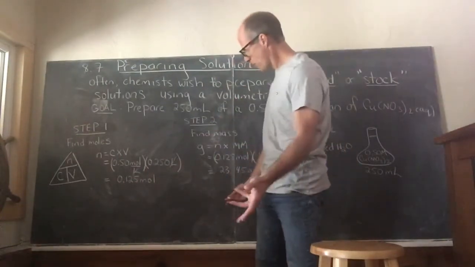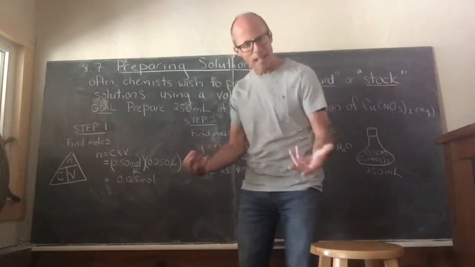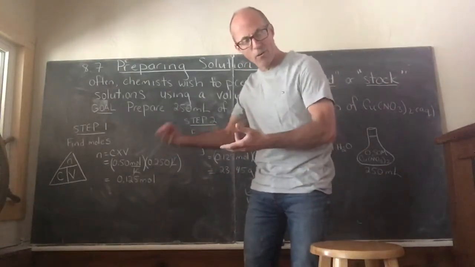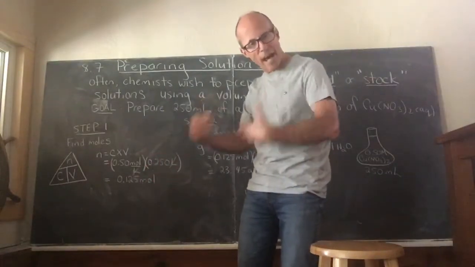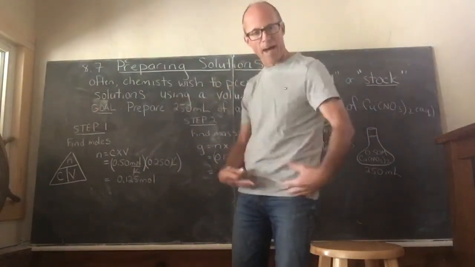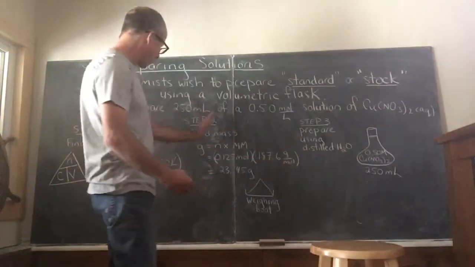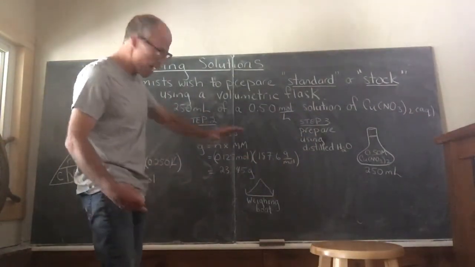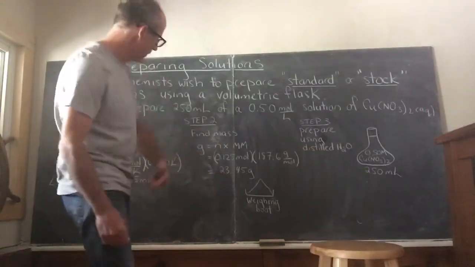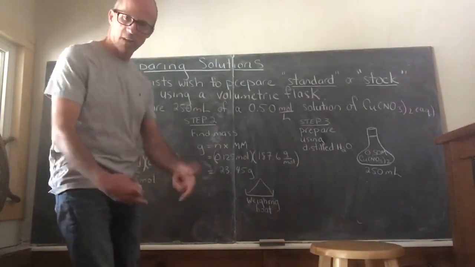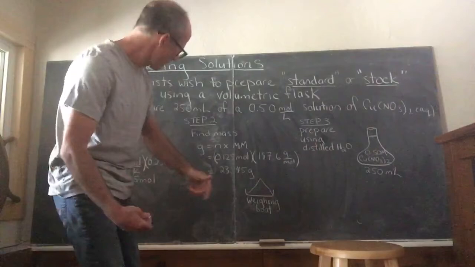This seems quite familiar. We can't weigh moles on a scale. You may remember that from earlier discussions. So we have to convert moles to mass. So that's our second step. Find the mass of the cupric nitrate that you would have to weigh on the scale. You've been there, you've done that, you won the t-shirt.